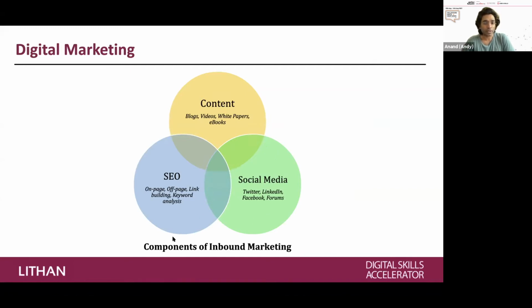Now, the important thing is that there are three different components to inbound marketing. First, obviously, you have your social media platforms where you are putting out your products. Then you have your SEO. SEO stands for search engine optimization, where you have optimized your content based on whatever keywords people are looking for, based on whatever questions they have in the search engine.